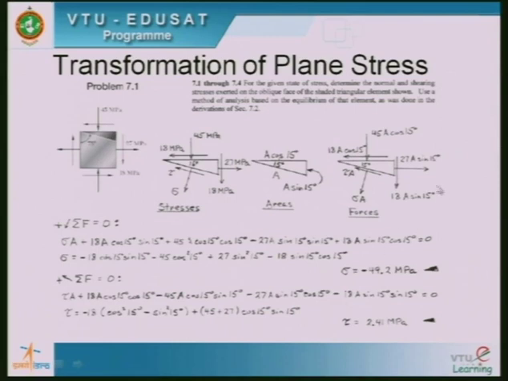Then minus, if I take 18 A sin 15 degrees and resolve it along this, I get the sense opposite to this. Again it has to be minus 18 A sin 15 degrees into sin 15 degrees, and you equate it to 0. So this is the equation we get for the forces acting along this plane. If you add all this and simplify it, the answer we get is tau equals 2.41 megapascals.